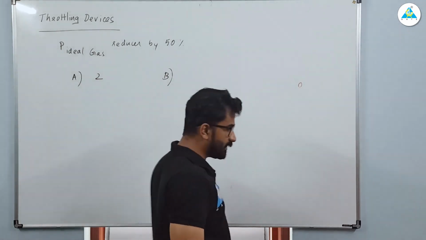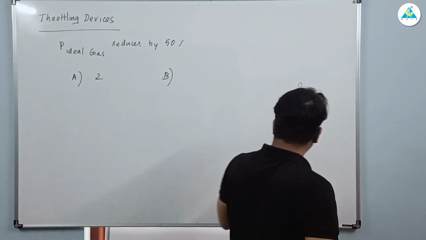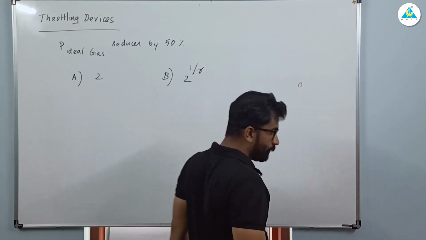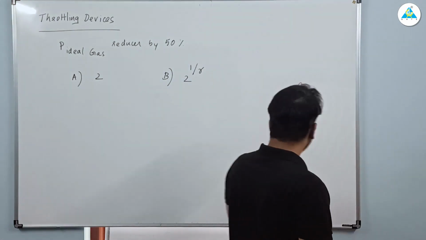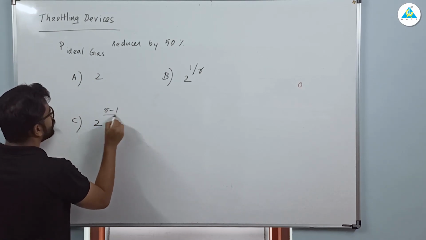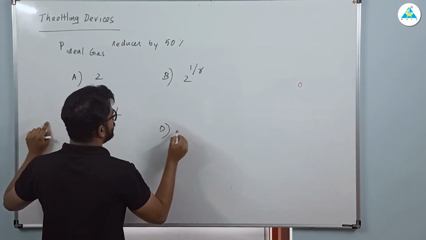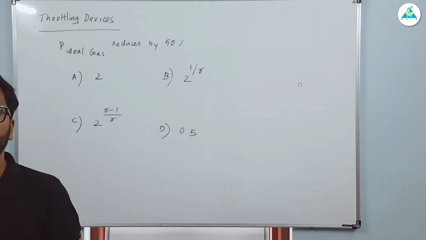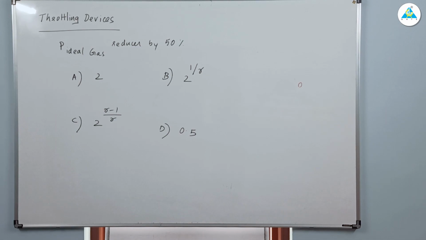Option B, 2 power 1 by gamma. And C, 2 power gamma minus 1 by gamma. Option D, 0.5. If the pressure of an ideal gas reduces by 50%, by what factor will your specific volume change? This is the question. Clear?